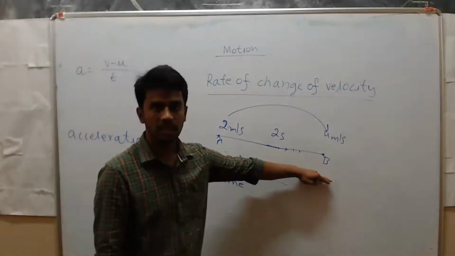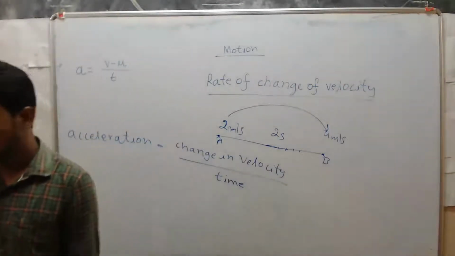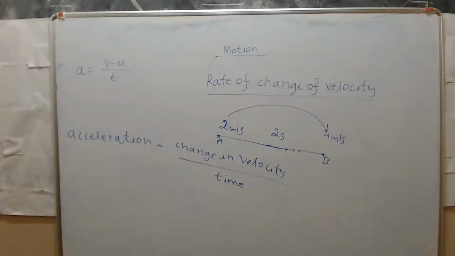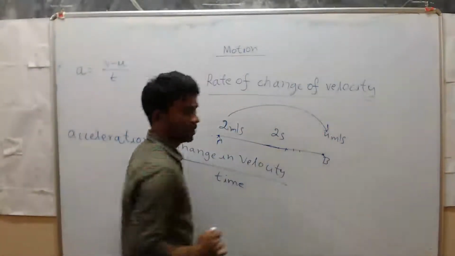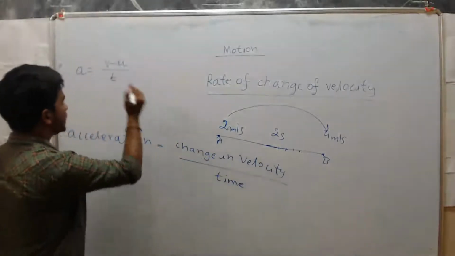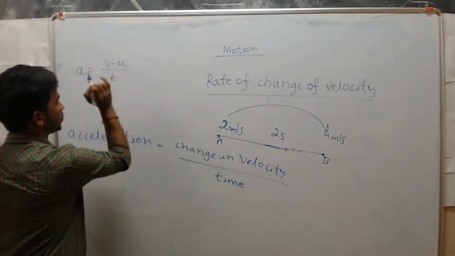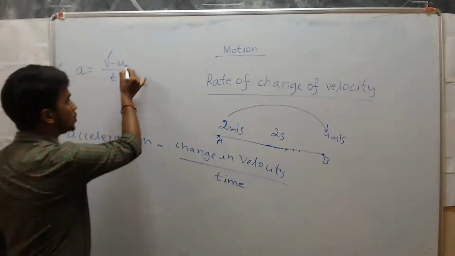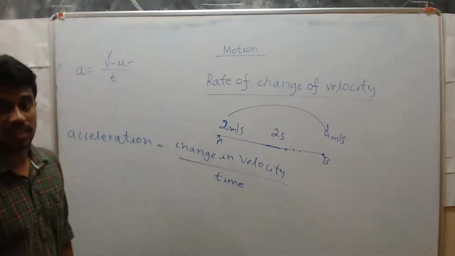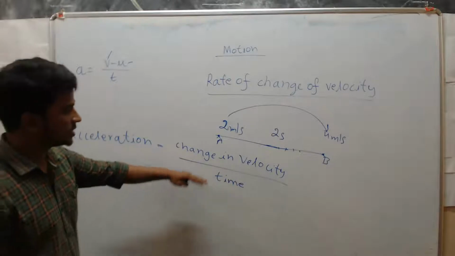At this position, velocity is 4 meter per second. So velocity changed from 2 to 4, and we write that as v minus u. Here v means final velocity and u means initial velocity. Initial means starting. What is the starting velocity?